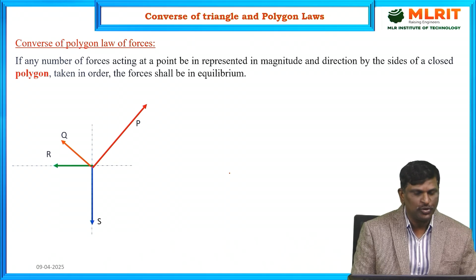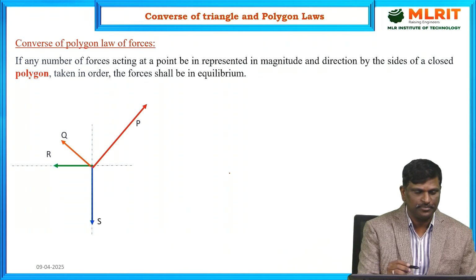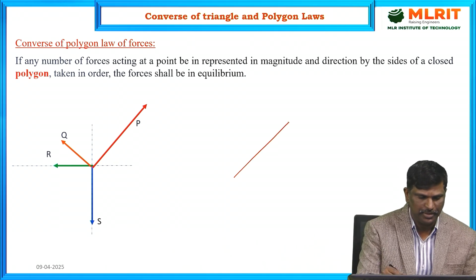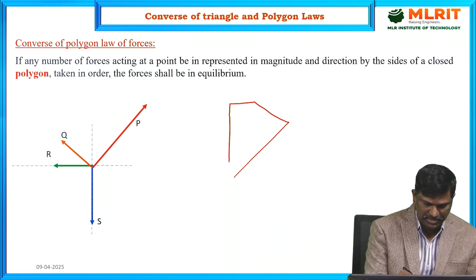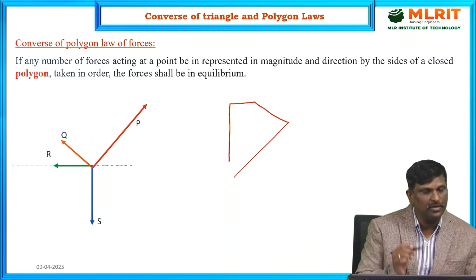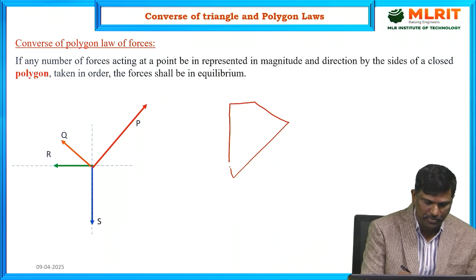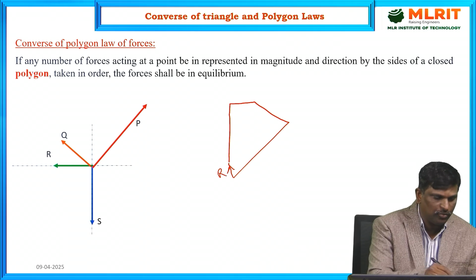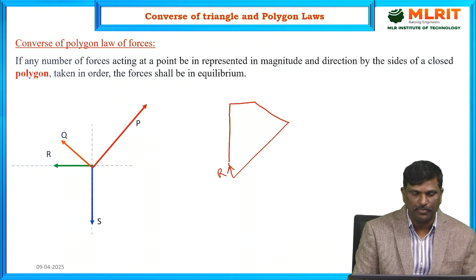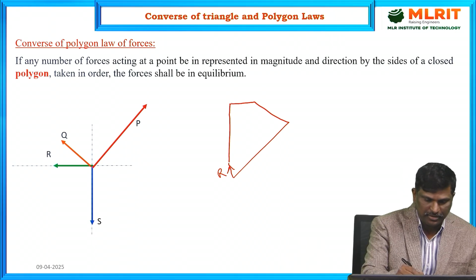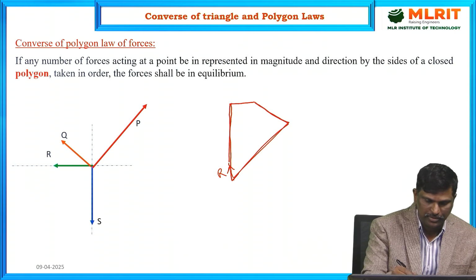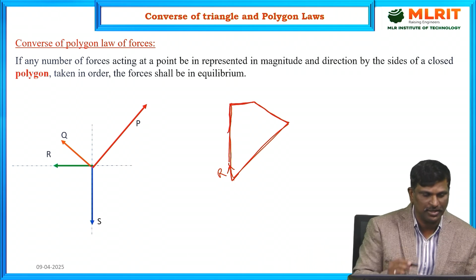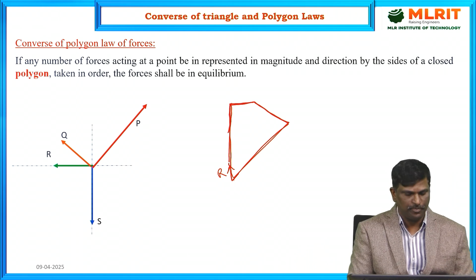If you try to draw the force polygon, the closing side of the polygon in opposite order should actually give the resultant of these four forces. But when the body is under equilibrium, we will get a closed polygon. This is what the converse of polygon law says.